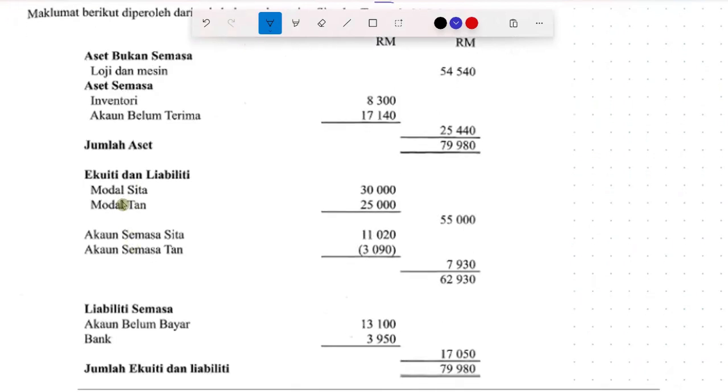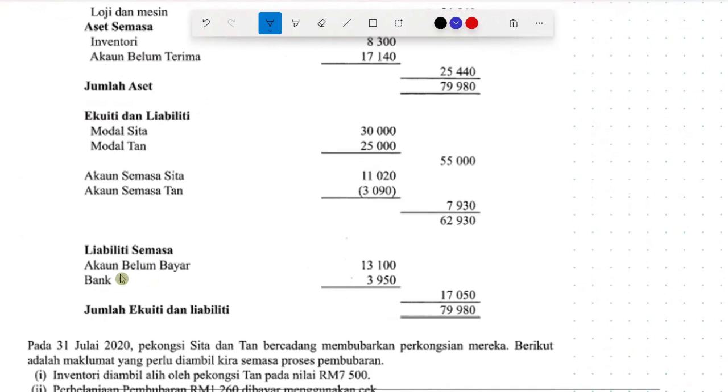Equity dan liability, modal Sita, modal Tan, account semasa Sita, account semasa Tan. Liability semasa account belum bayar and bank overdraft. This one means bank overdraft here. So liability semasa. Jumlah equity dan liability.